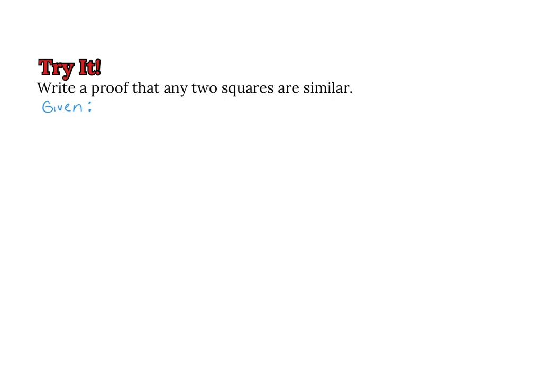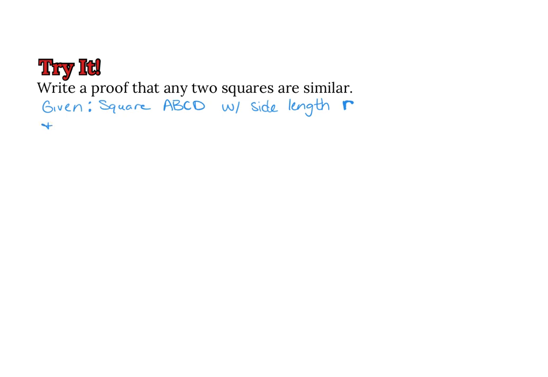So given square ABCD with side lengths of R. So square, all of our sides have to be equal to each other. So all of those side lengths we're just going to name as R.